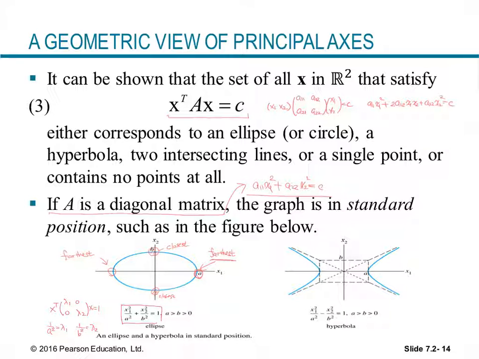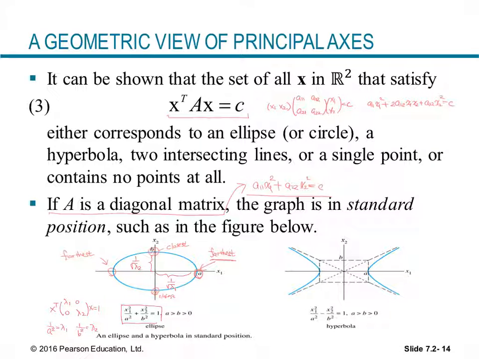So the distance from the origin to the farthest point is a, and that is 1 over the square root of lambda 1, and the distance between 0 and b will be 1 over the square root of lambda 2.